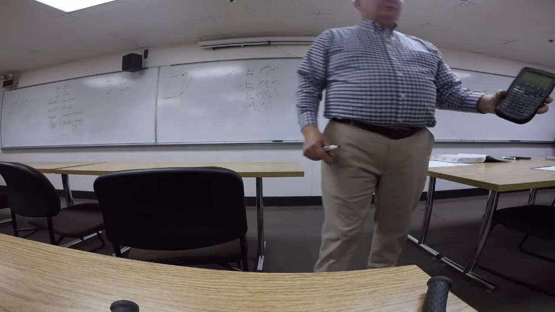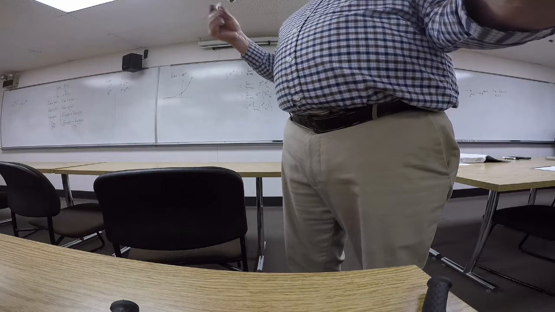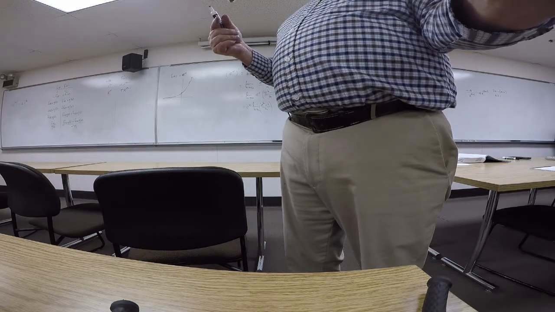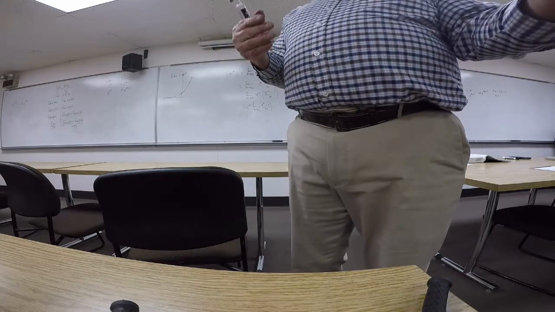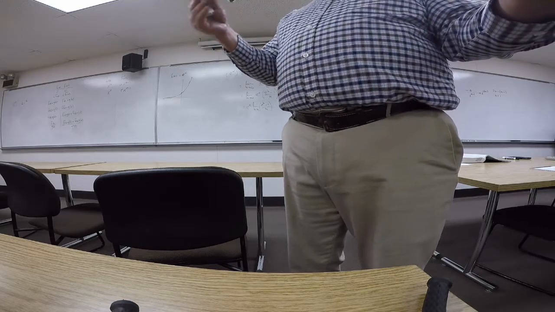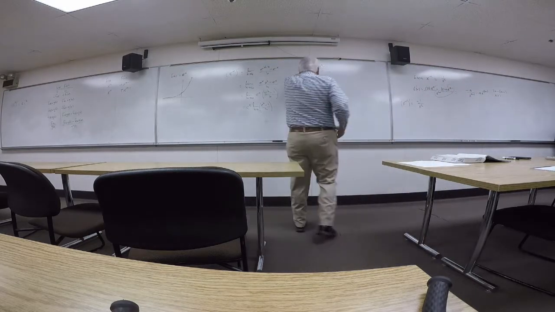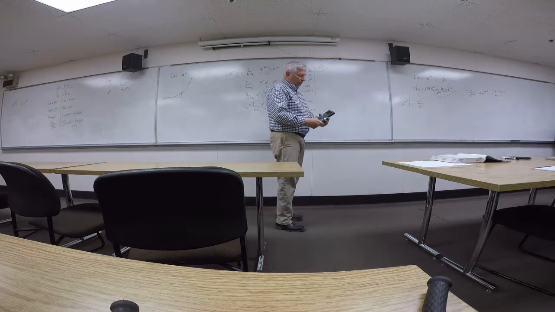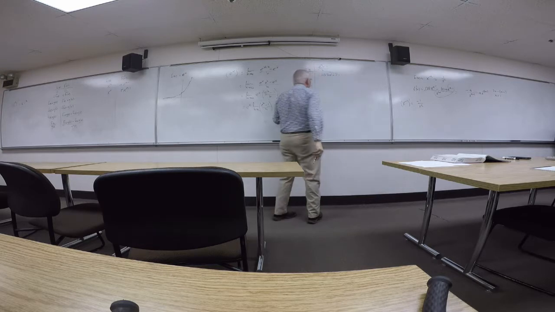How good are your eyes reading close? It says e to the 0.01 minus 1 over 0.01. It's this one. Enter, and it says 1.00501667 and on.